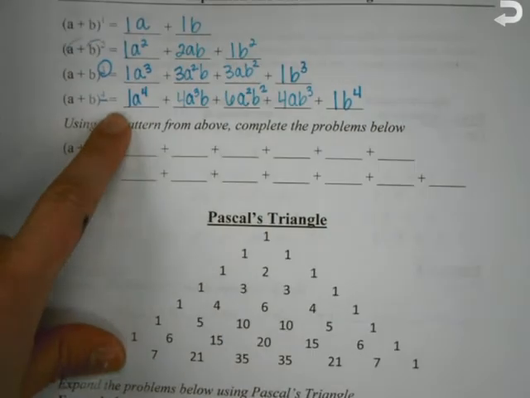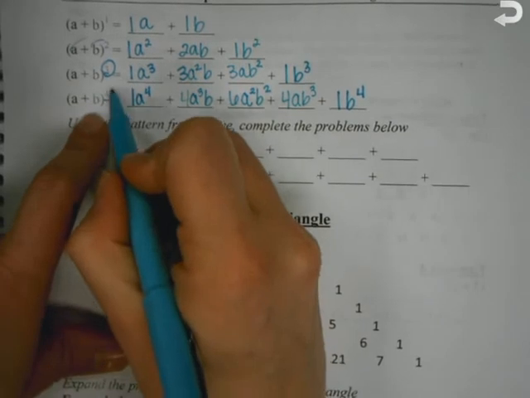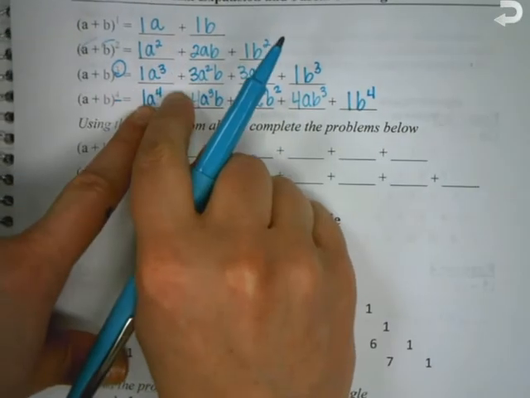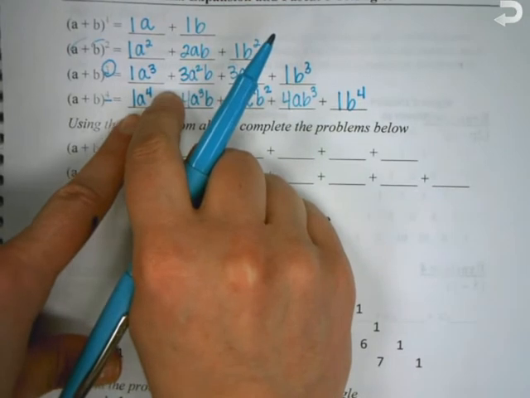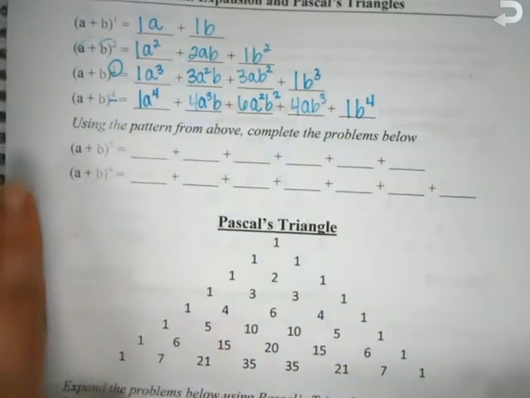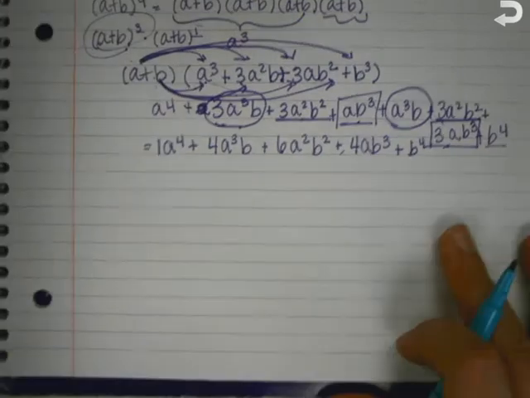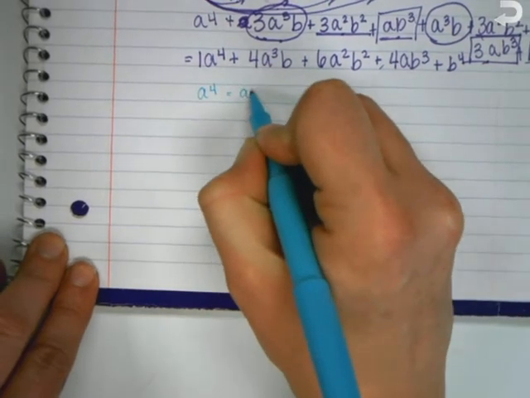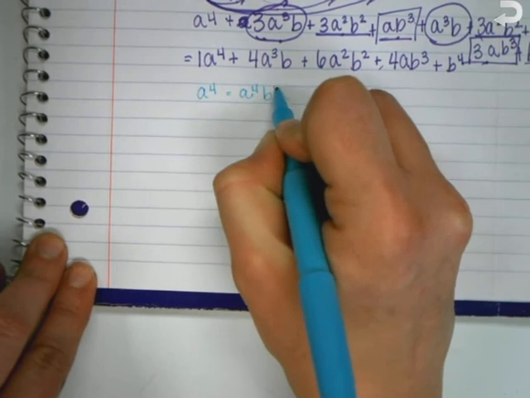B would be to the what? 0, right? A to the 4th is the same, does everybody agree, as a to the 4th, b to the 0? What's b to the 0? 1. So that's a to the 4th times 1. It's not really there, right?